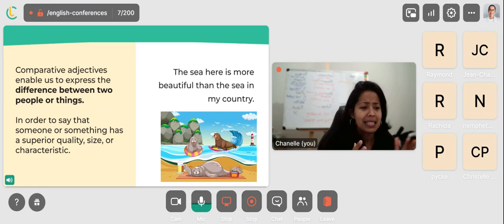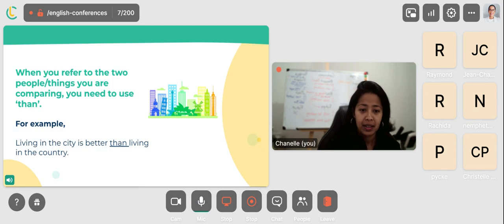For example, the sea here is more beautiful than the sea in my country. When you refer to two people or things you are comparing, you need to use than. For example, living in the city is better than living in the country. The word than helps us to put the two phrases together.